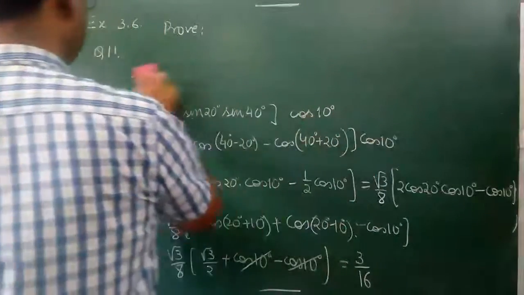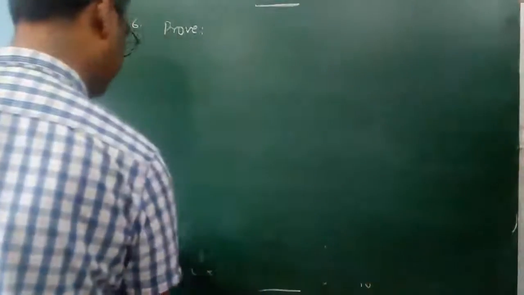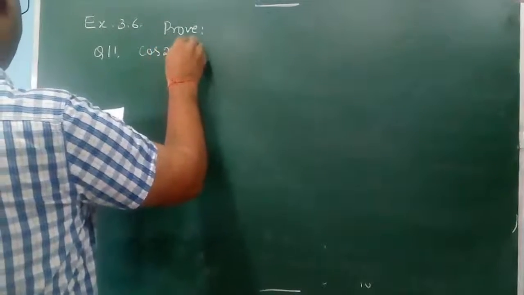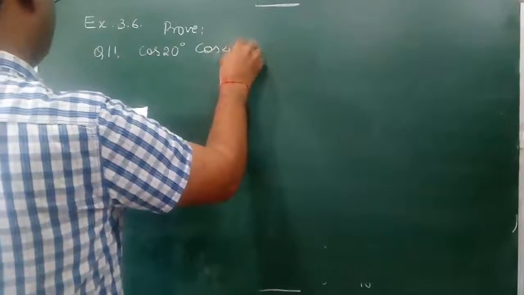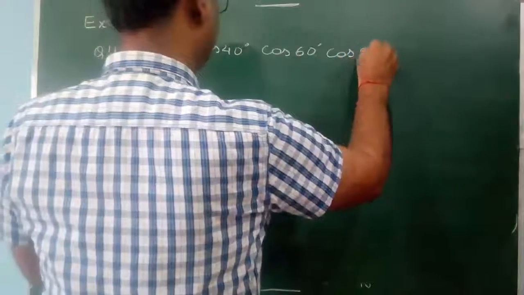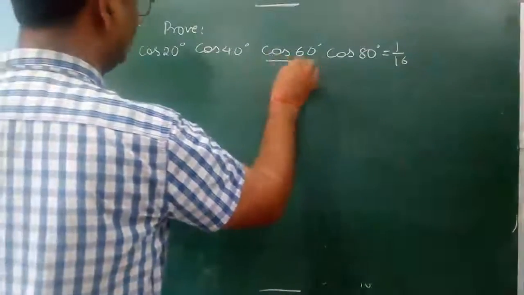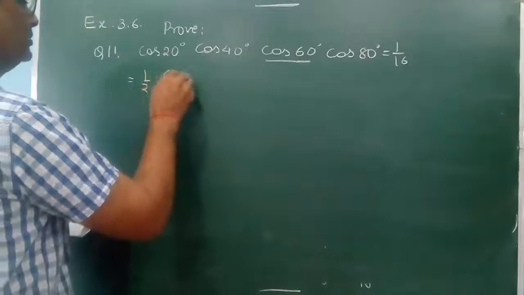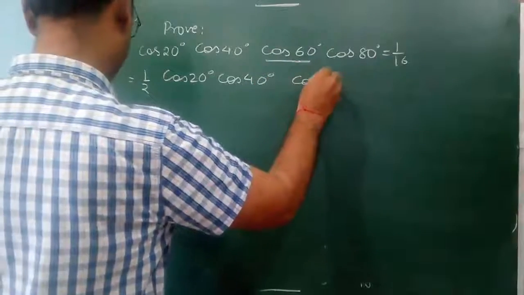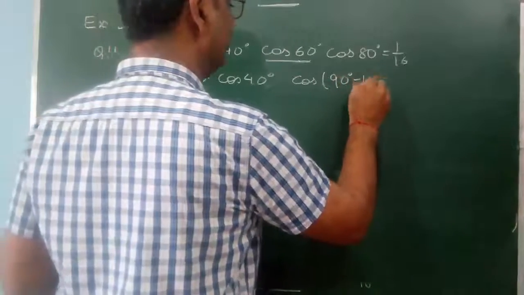Now question number 11. It is cos 20, cos 40, cos 60 and cos 80 equal to 1 by 16. Here this value we know, this is 1 by 2. So what have we got? Cos 20, cos 40 and cos 80. For cos 80 I can write cos 90 minus 10 degree.